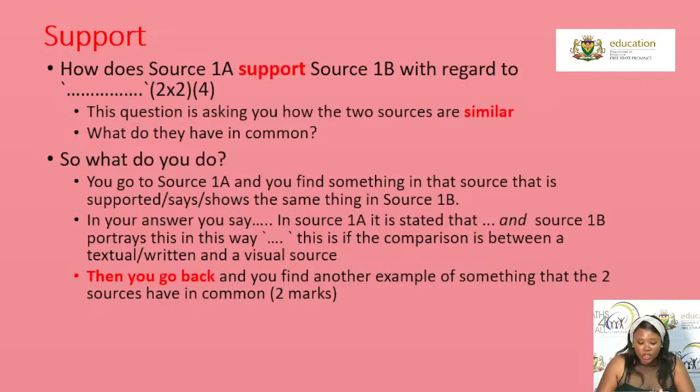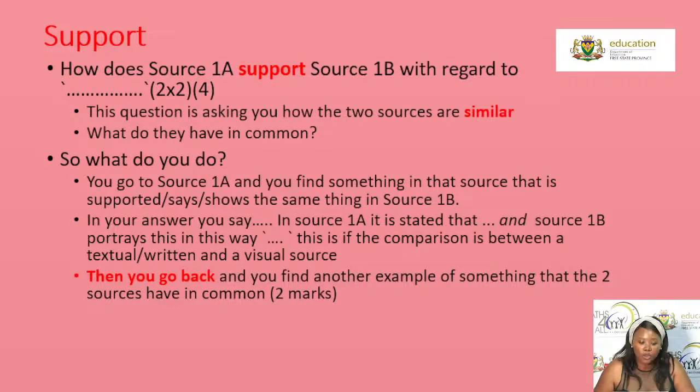In your answer, you will say, in source 1A, it is stated that. And in source 1B, in this case, if it's a visual source, you will say, source 1B portrays or shows that this is this way. And this is the comparison between a textual, written source and a visual source.